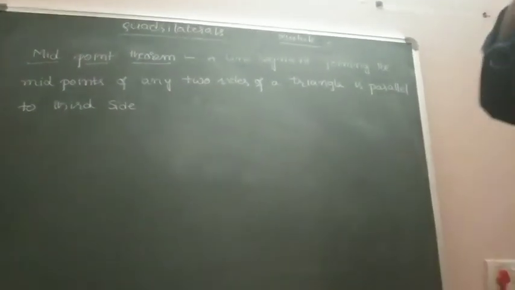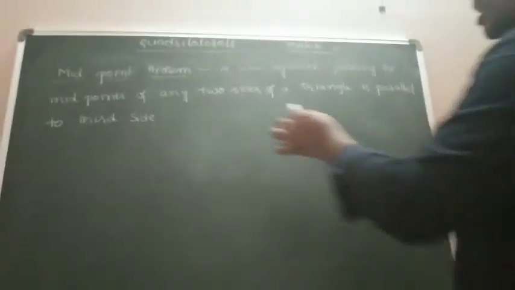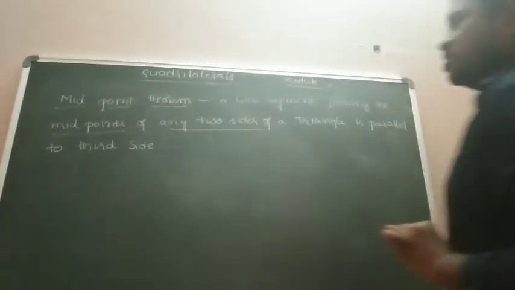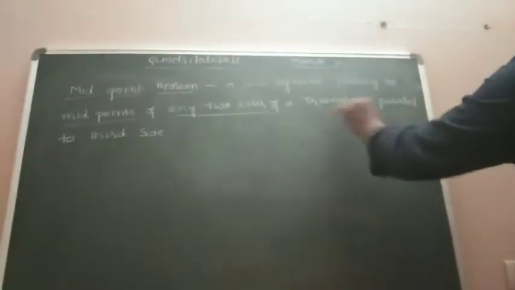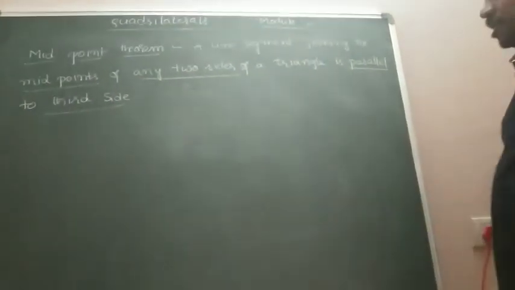A line segment joining the midpoints of any two sides of a triangle is parallel to the third side. Here you should underline the points. Midpoints of any two sides of a triangle, parallel to the third side and also half of the third side. Okay. Yes.